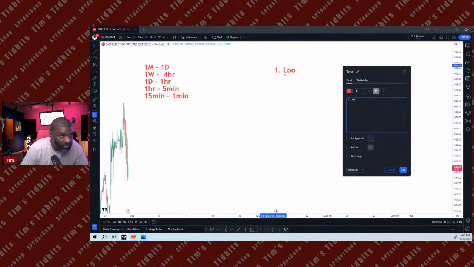Look. All right. First thing you want to do, you want price to either displace. I like using it as a contrarian way. The contrarian way, you either displace or reject.